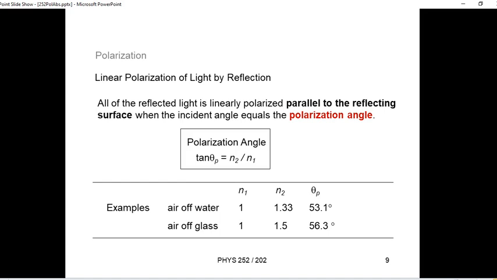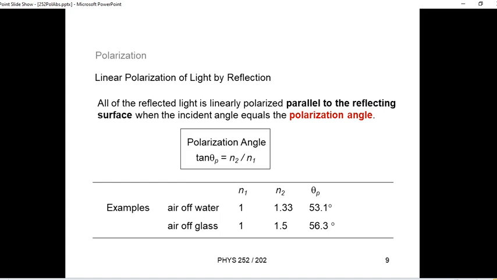Glare is basically reflected sunlight. Most of the surfaces that are reflecting sunlight are horizontal. Think if you're out on the water or you're skiing. Lots of horizontal surfaces are reflecting sunlight towards your eyes. A lot of that reflected light is going to be linearly polarized parallel to those horizontal surfaces, so with the horizontal electric field oscillation axis.